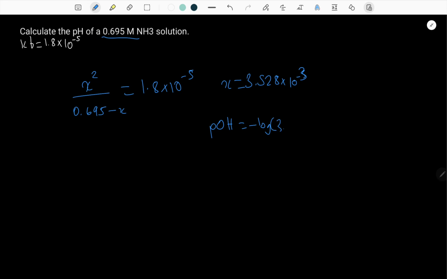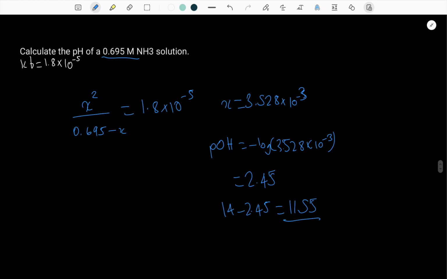So let me just write it out and do it. So it gives you 2.45, which is the pOH. Now to find the pH, it's just 14 minus 2.45, which is giving you 11.55. So this is the final answer, and that's it.